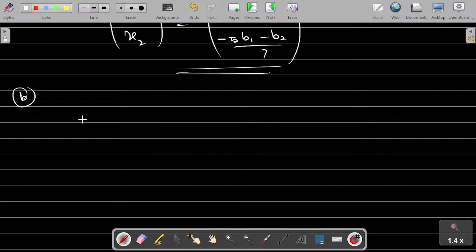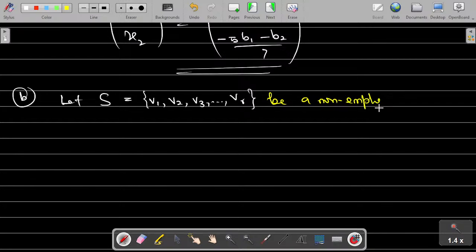So the B now says complete this definition. Okay, and what is it? It says let set S be the set of V1, V2 up to Vn, or they used Vr here, and they are saying be a non-empty set of vectors, of course. We are dealing with vectors here, not normal numbers.